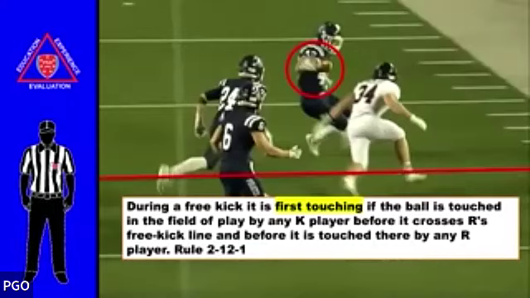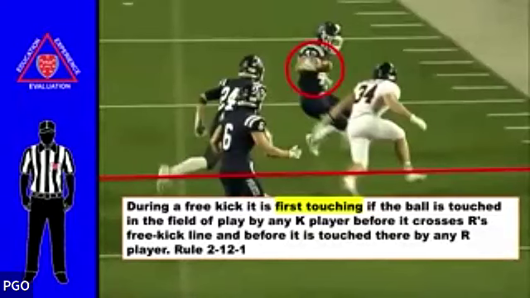yards. Now, I've seen a lot of different officials throw a flag and say, you got illegal touching. However, in the Federation rules, there is no illegal touching in regards to K touching the ball before it goes 10 yards, unlike maybe NCAA or the NFL. At the high school level, it's first touching, and we drop a beanbag.